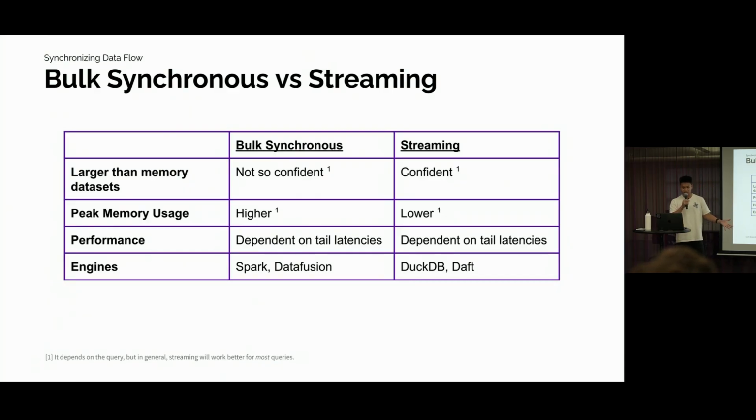Peak memory usage is therefore higher in a bulk synchronous model and lower in a streaming model. Performance-wise, it depends on your tail latencies. If you have one part of the query that's taking really long to compute, then that's going to affect both a bulk synchronous and a streaming model. Engines that do bulk synchronous are Spark and DataFusion. Engines that do streaming, DuckDB and Daft, for example.